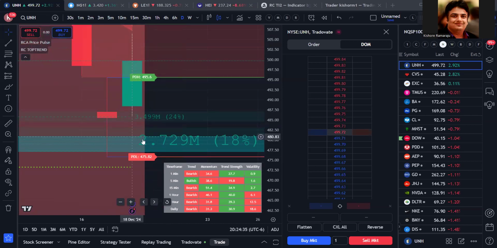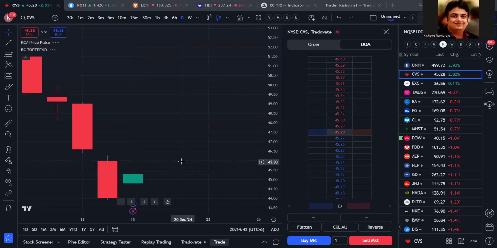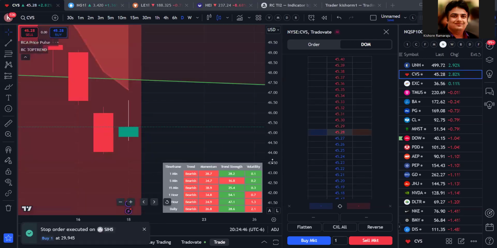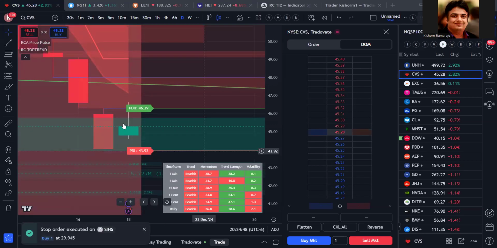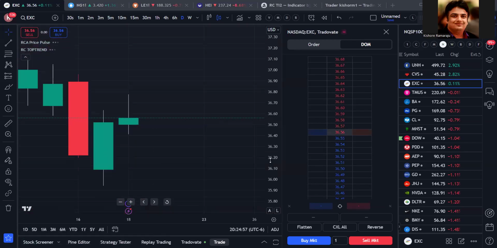A lot of big companies are buying it. Something like this one. EXE is also looking good for tomorrow.